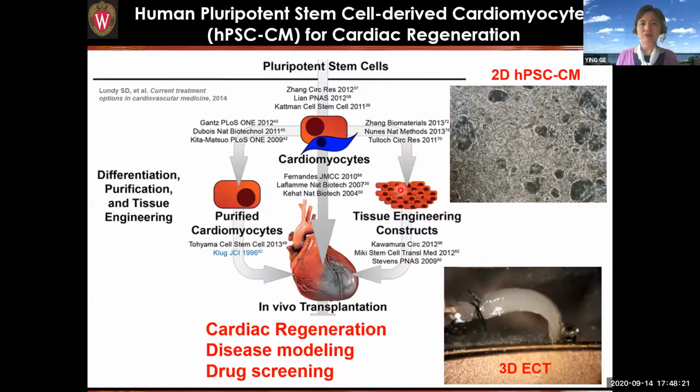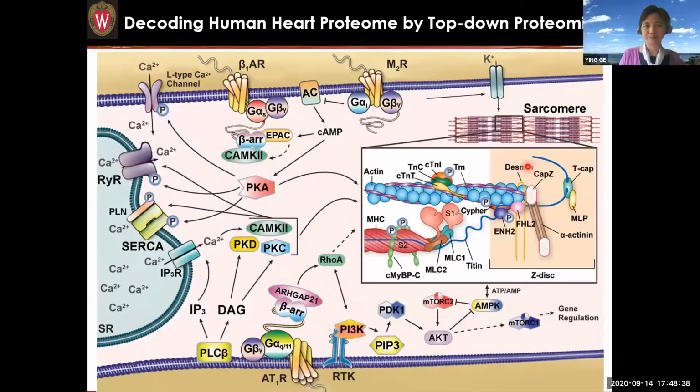You can study cardiac regeneration. You can use them for disease modeling. Those of you in pharmaceutical companies, right, you really want to test the drug in individual patients before actually getting to the clinical trials.